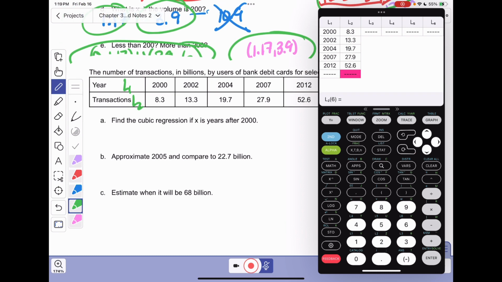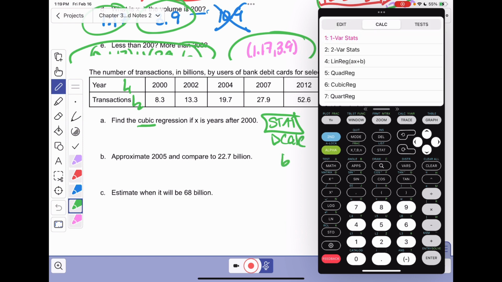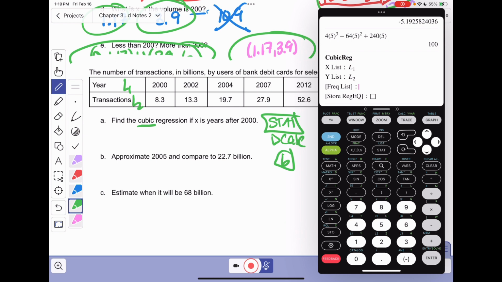Now this says cubic regression, so I'm going to hit the stat button, arrow over to the calc menu, and choose number 6, cubic regression. Then we want X list to say L1, Y list to say L2.